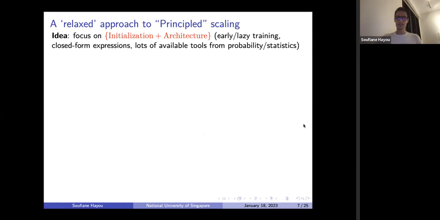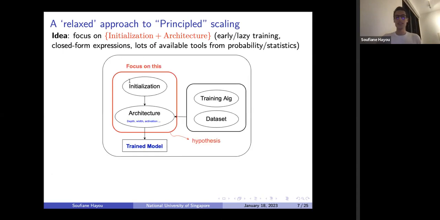And in this case, I'm going to talk about this idea where we focus only on two components in this model. And these components are the initialization and the architecture. So the idea is to look at what happens when you change the initialization and the architecture, right? How things evolve, like you can think of the pre-activations, like these neurons or features.